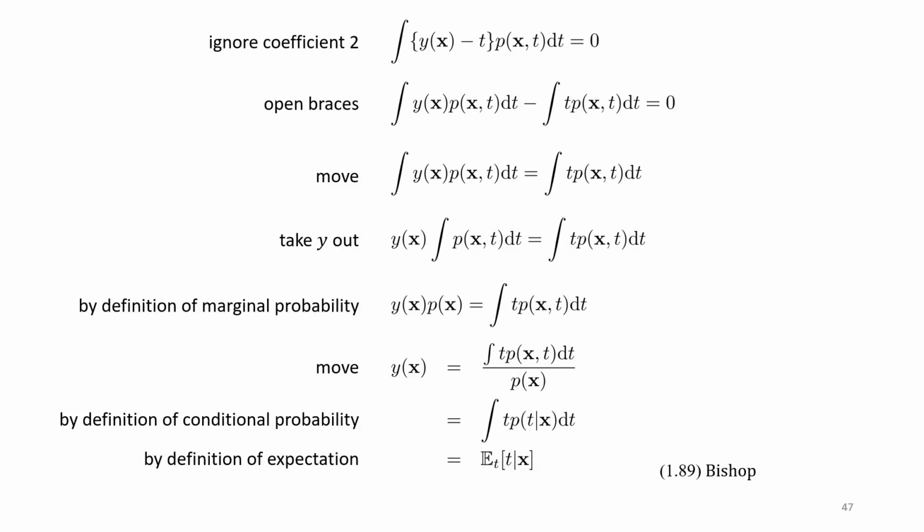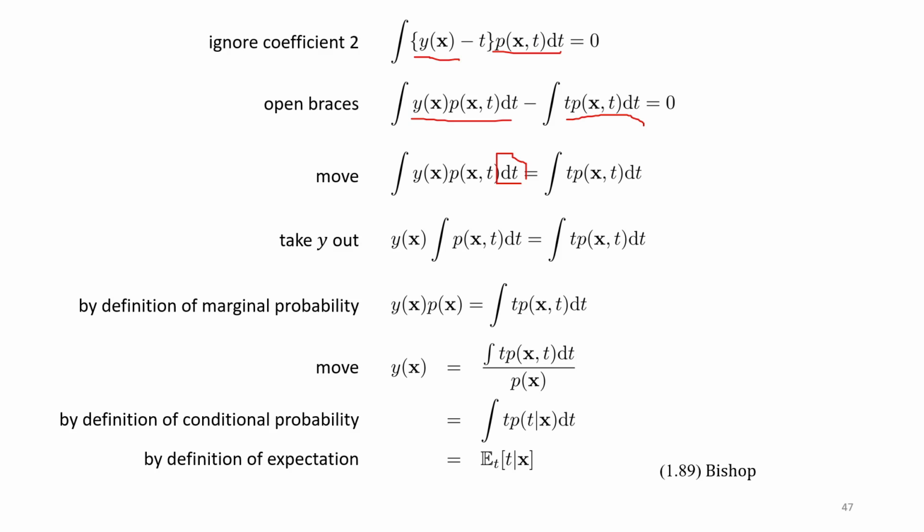Then we open the brackets, and we get the first term and the second term. We move the second term to the right of the equation, and it becomes this. Here this is the integral over dt, and y of x is irrelevant to t, so we can take y out.